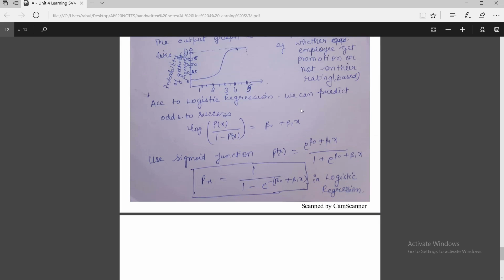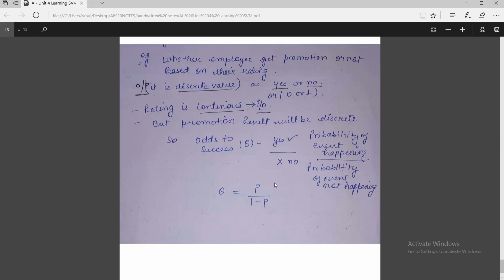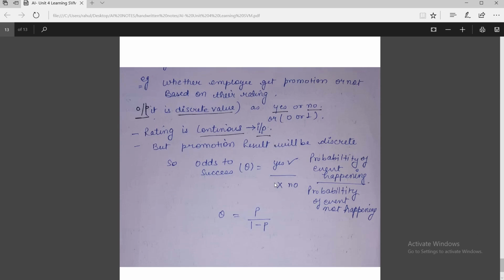So this will help us to generate logistic regression results, and these factors will be used for logistic regression.